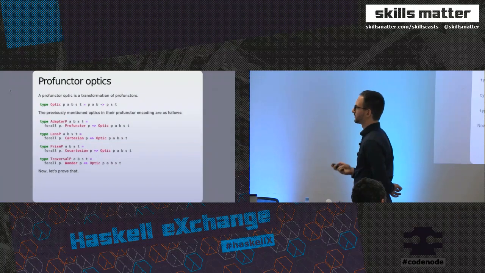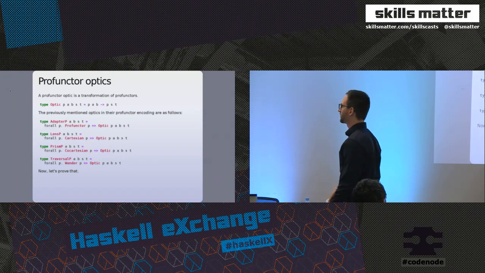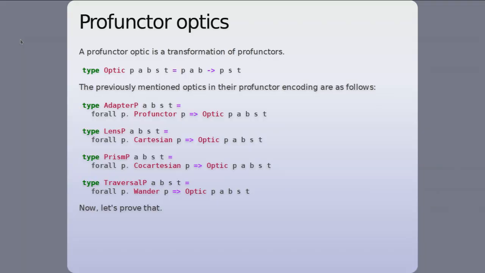Because this is exactly what we want to have. All right, so finally, after all of this preparation, we can talk about what a profunctor optic is. A profunctor optic is basically a transformation of profunctors. An optic in the profunctor encoding is represented by the type synonym Optic P A B S T, which is basically a profunctor transformation. We take P A B and we want to get P S T. The previously mentioned optics in the profunctor encoding are as follows.